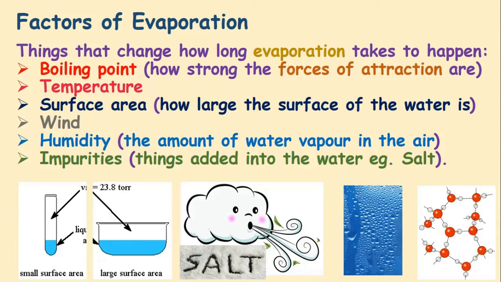That is water vapor that has hit the window and turned back into liquid water because of the change in temperature. The last factor is impurities. These are things that are added into the liquid, for example water, and an example of an impurity is salt.